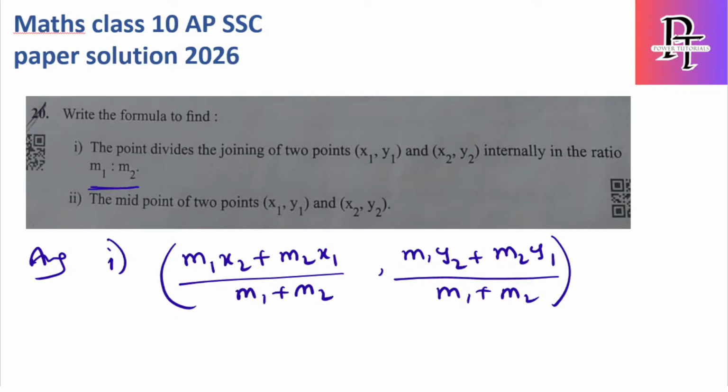Okay, what about the second? They are asking for the midpoint of 2 points, so this is very easy, which is nothing but x1 plus x2 by 2 comma y1 plus y2 by 2.